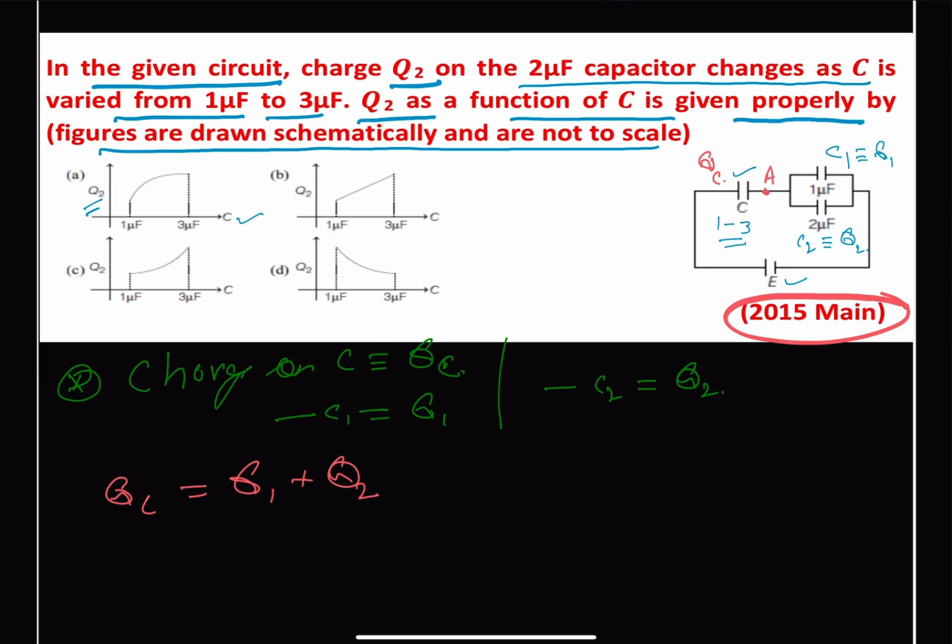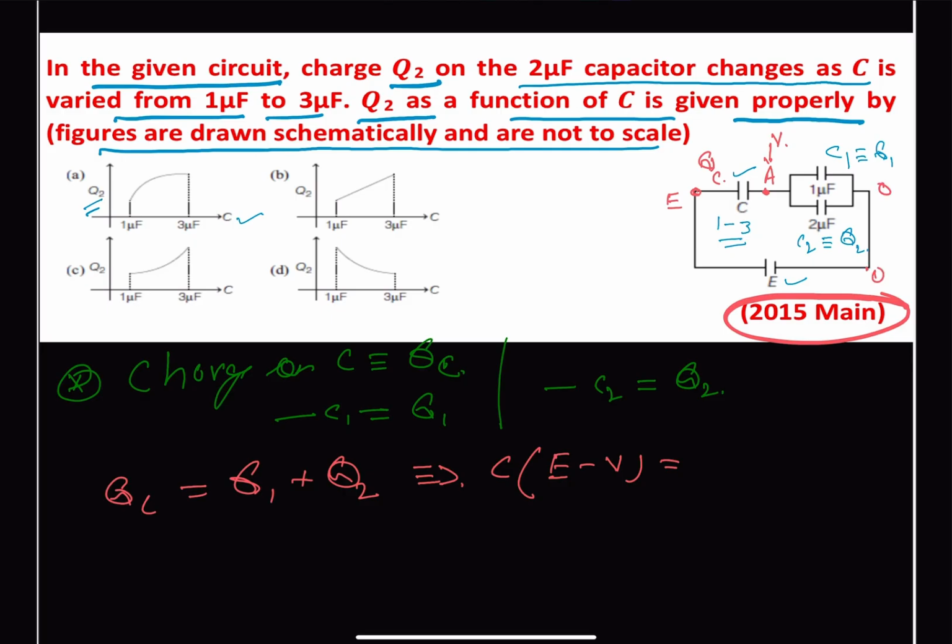And at this point A, let us suppose the potential is V. On one side the potential is E, and on the other side of capacitor C the potential is V. Therefore, charge QC will be equal to C times the potential difference, E minus V. The other side is obviously 0.